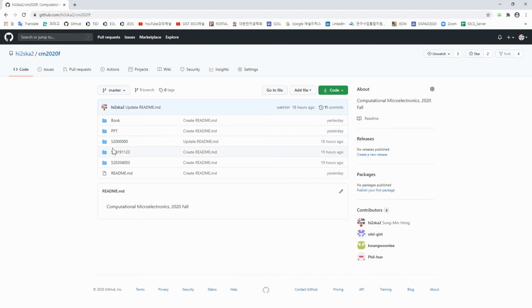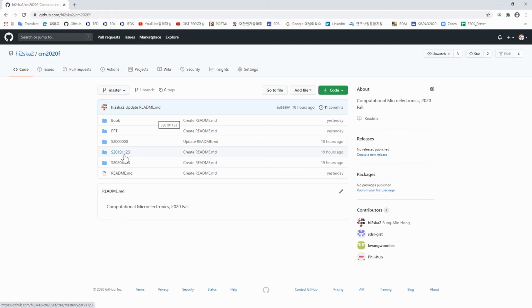And yes, there are certain folders starting with a capital S and an 8-digit number that corresponds to your folder. It means that each of you has to make this folder. So I will show you how you can make these subfolders for your own homework submission.